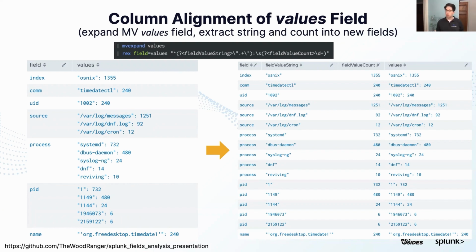We've now, as you can see in this table here, achieved separating each unique field plus values combination into its own row without duplicating any of our data, where we have individual fields allowing us to work with the string and count values separately, which leads us directly to our next step.